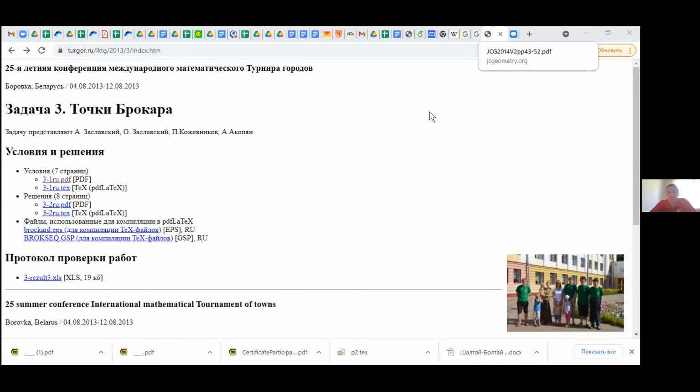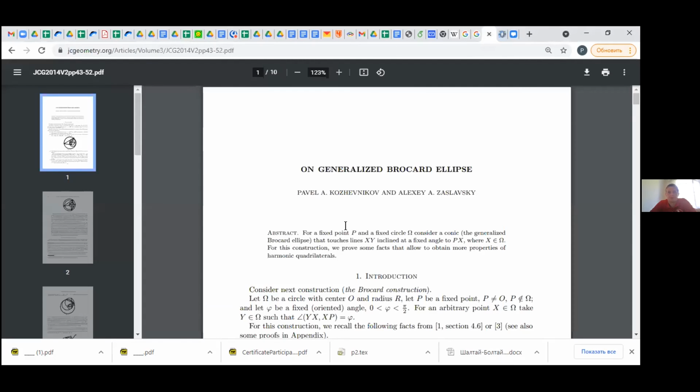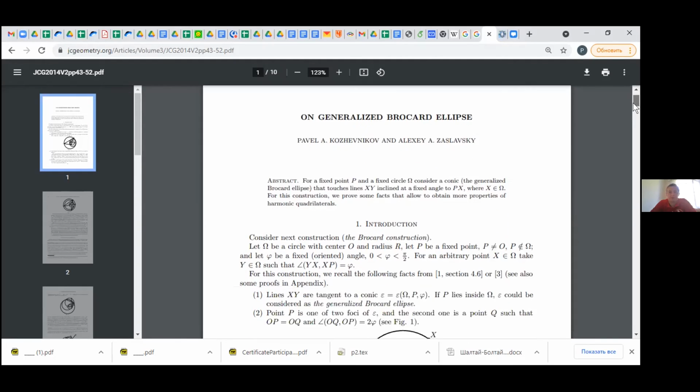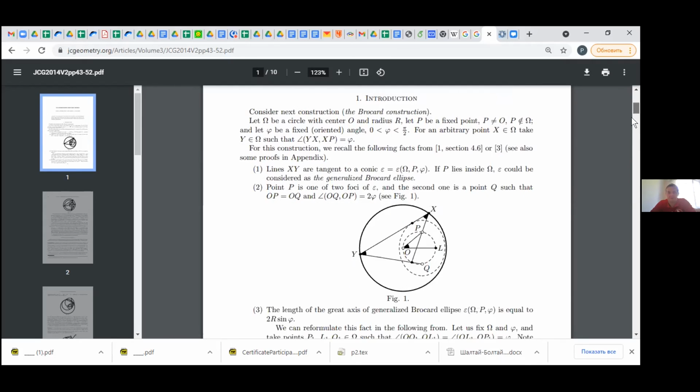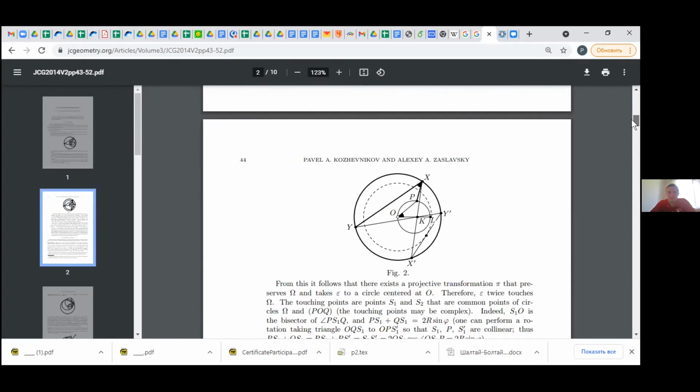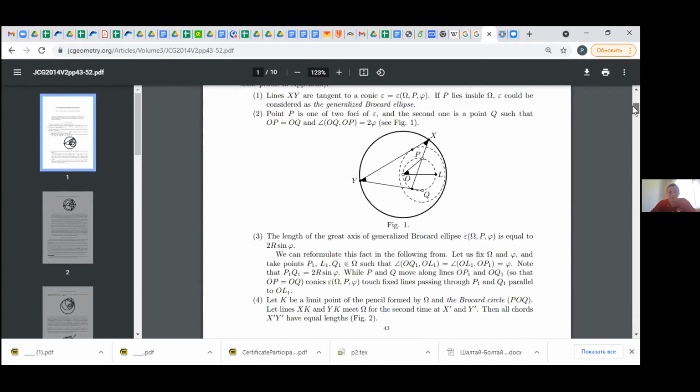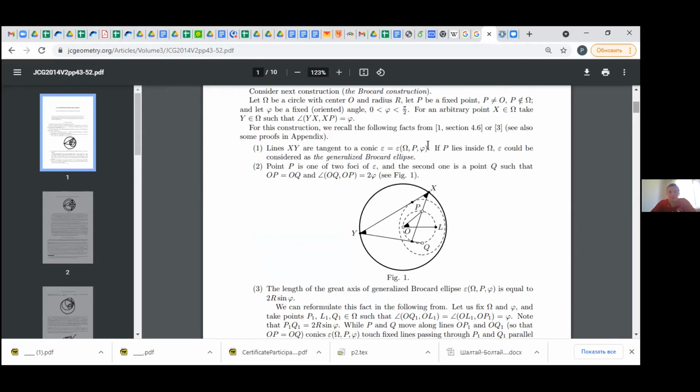And one more thing, some further properties of this conic were presented in our article. Again, it started from the definition and many nice geometry properties. If you wish, you could check it.